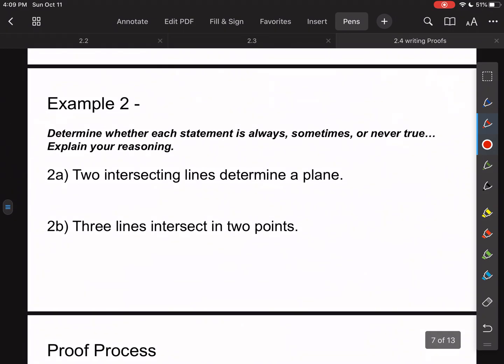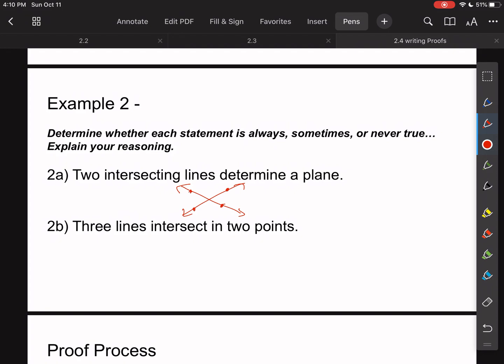Okay, so for example 2, it says determine whether each statement is always, sometimes, or never true, then explain your reasoning. Okay, so for 2a it says 2 intersecting lines determine a plane. So if you have 2 intersecting lines, does that always, sometimes, or never determine a plane? Well, if you have 2 intersecting lines, we know that we have at least 2 points on each line, right?